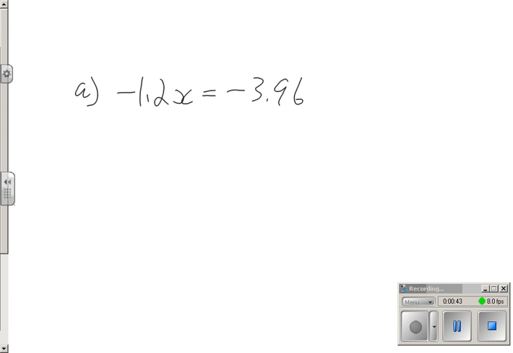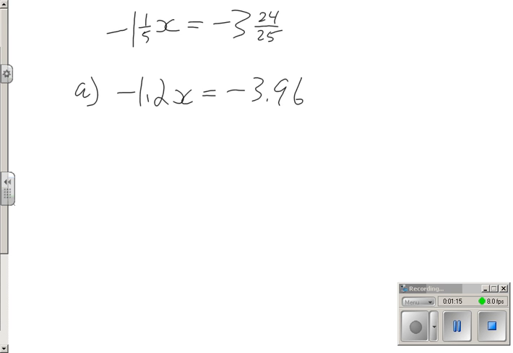Now, if I asked you what this looks like if it was like example 1, where it was fractions, it would be negative 1 and 1/5 x equals negative 3, and well, 96 hundredths is 48 50ths, which is 24 25ths. So that's 24 25ths. You can check that out. That's actually equivalent to 96 hundredths.